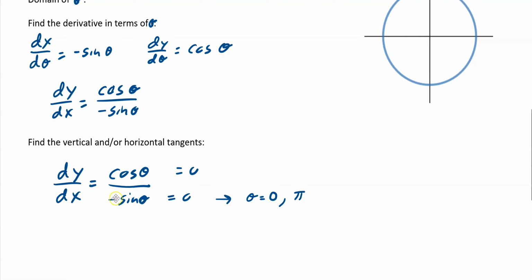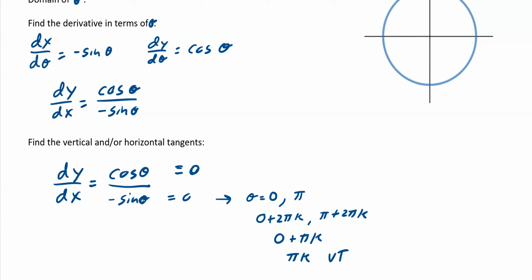You can kind of just ignore the negative because we're just making it 0. So at 0, we're going to get 0. Remember, the negative just reciprocals it. It's not going to reciprocal these values. So that means we would have 0 plus 2 pi k and pi plus 2 pi k. And so putting those together, we just get 0 plus pi k, which is really just pi k. So we're going to get our vertical tangents at pi k.